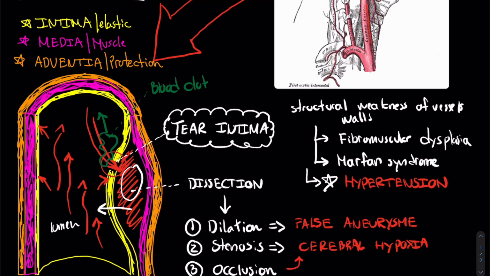So if you have hypertension, this can cause extra weakness on the intimal layer of the wall. And this is one of the reasons why we often say to control high blood pressure.